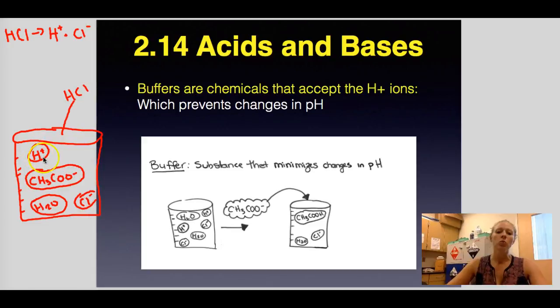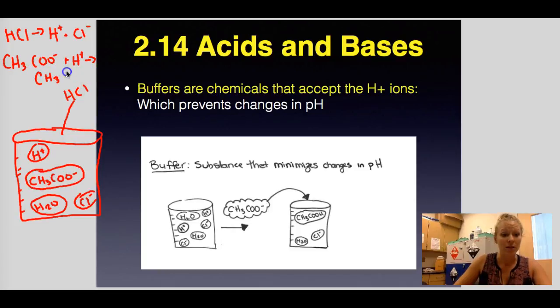But what's really important is the interaction between the acetate and the hydrogen ion. Positives and negatives attract. So CH3COO minus plus H plus gives us CH3COOH, a new substance.